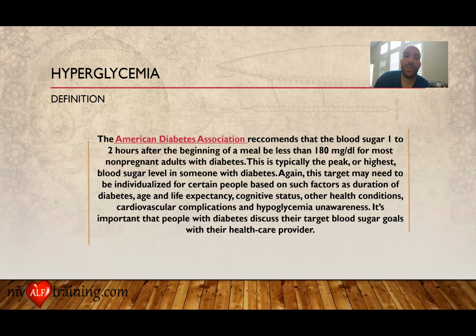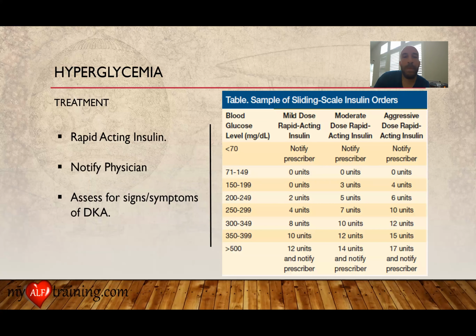This is why we need to talk with the patient and the doctor to discuss their target blood sugar goals, and why it's different than hypoglycemia to have those outlined numeric values associated with the distinctions we make between hyperglycemia levels, as I did with the hypo with mild, moderate, and severe symptoms.